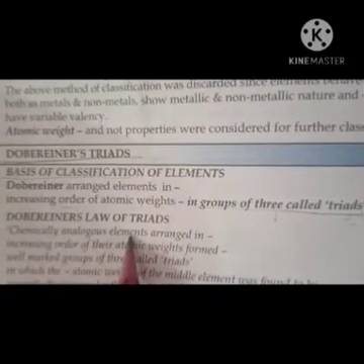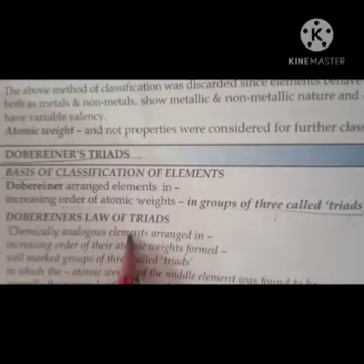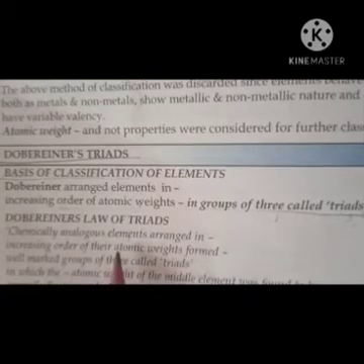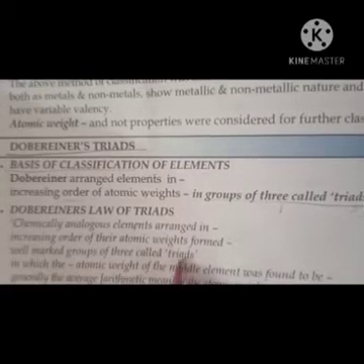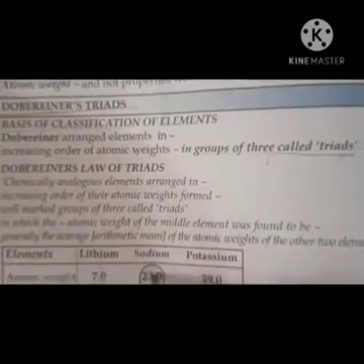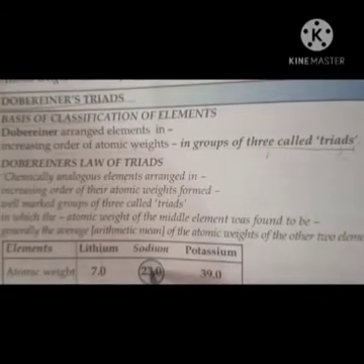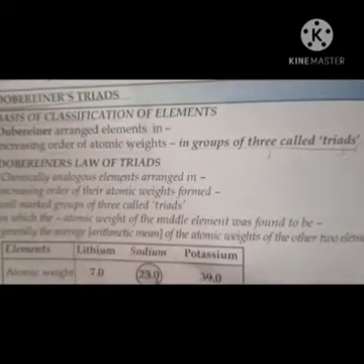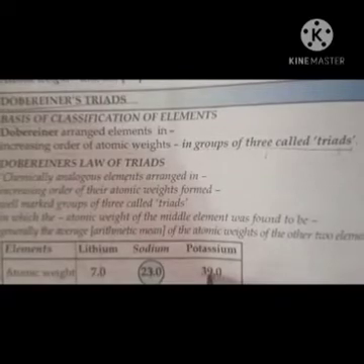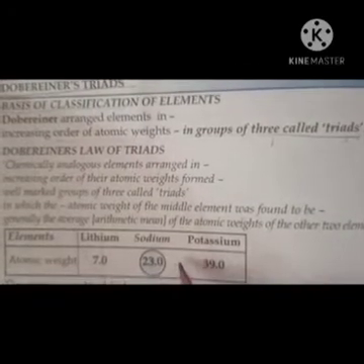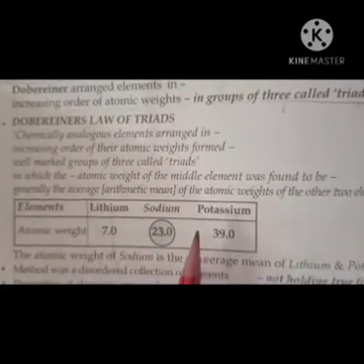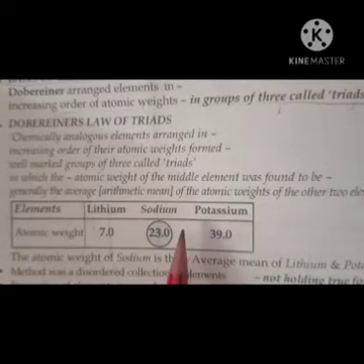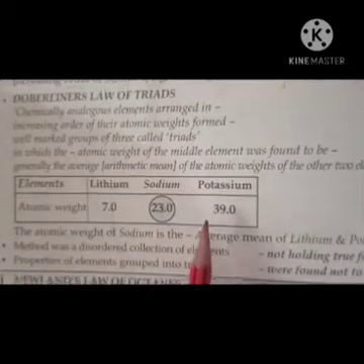Chemically analogous elements, analogous means the elements which have similar properties, arranged in increasing order of their atomic weight, formed well-marked groups of 3 called triads, in which the atomic weight of the middle one is the average weight of the first and the third element. But this classification was also discarded because the properties of elements grouped into triads were found not to be similar for all the elements, right?